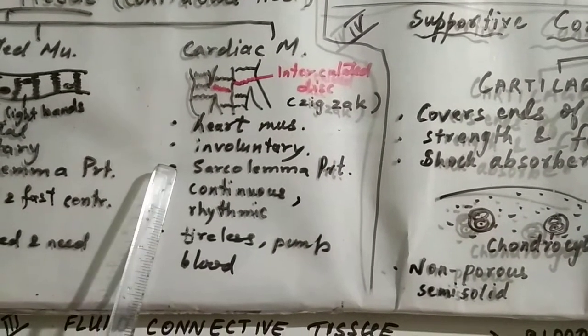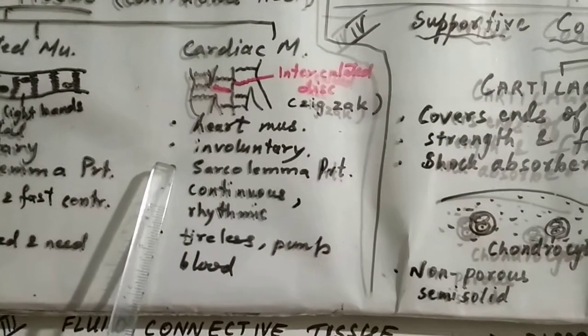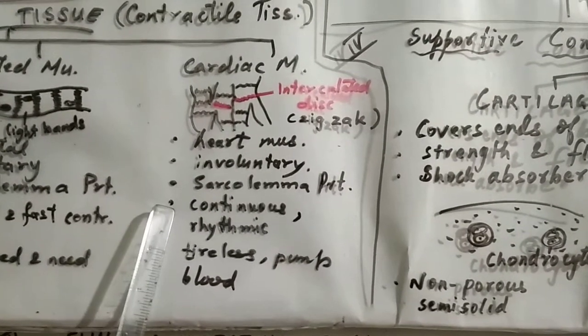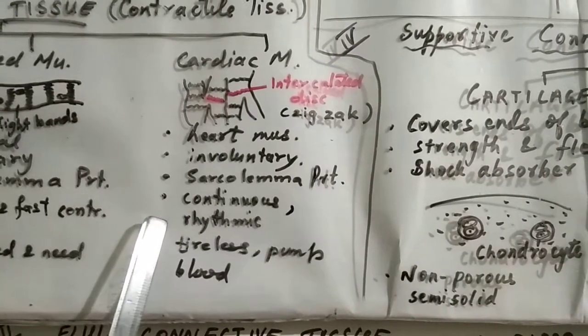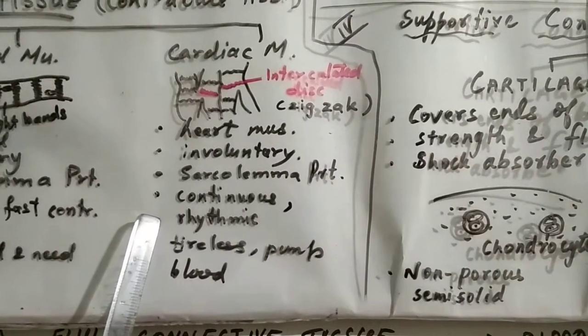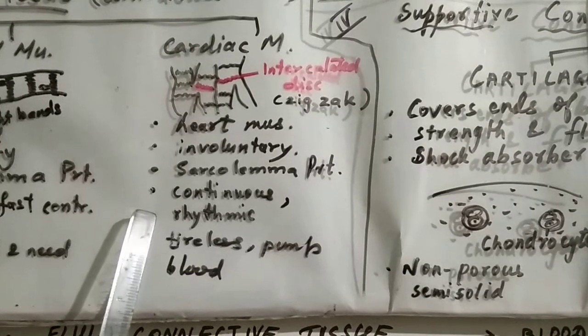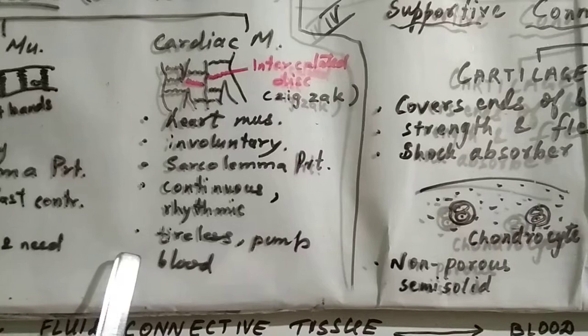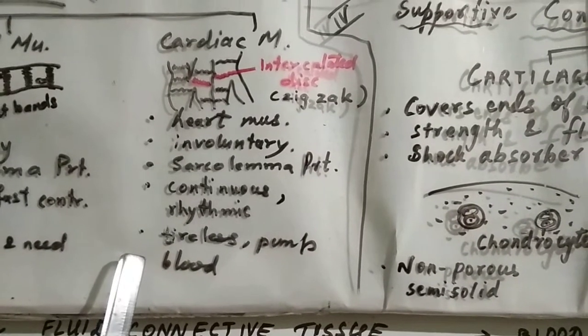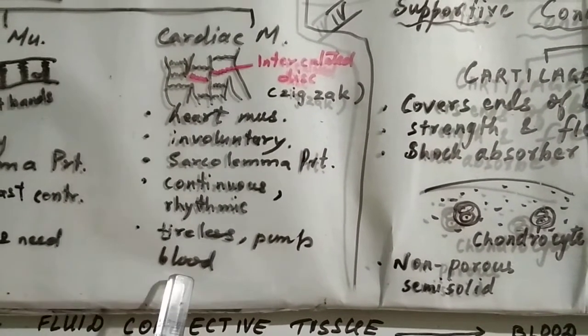In them, the sarcolemma membrane is present. They do continuous work, pumping the blood, so they show rhythmicity, that is, contraction and relaxation. So we can say they do not get tired easily because they have to pump blood throughout the life.